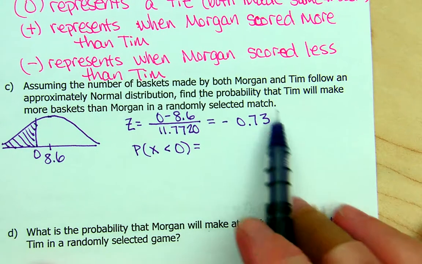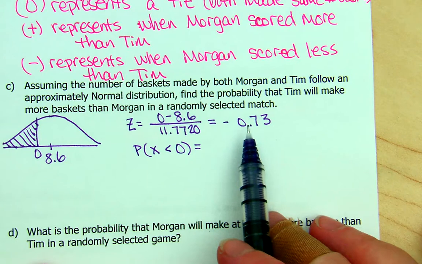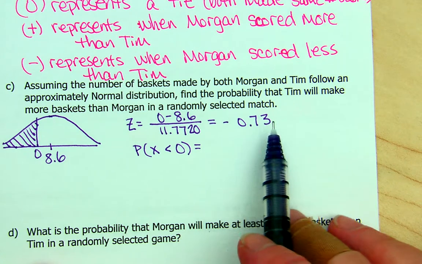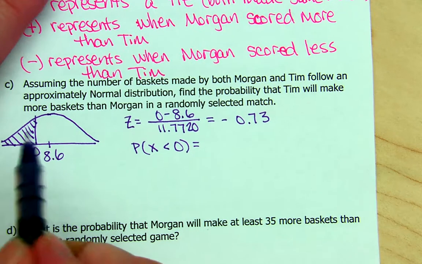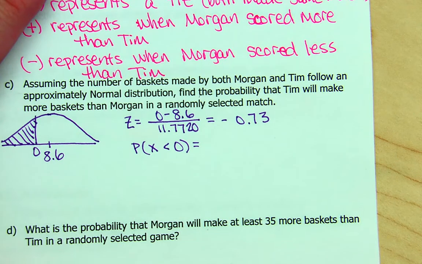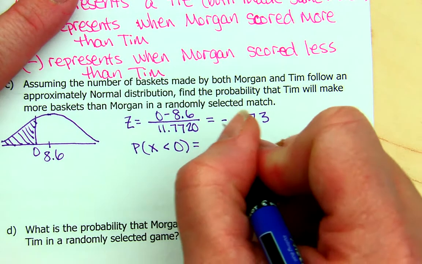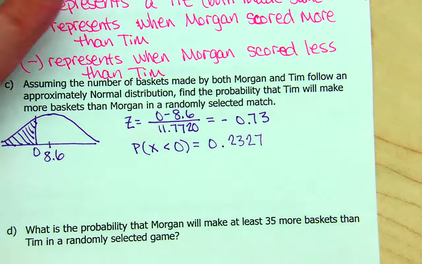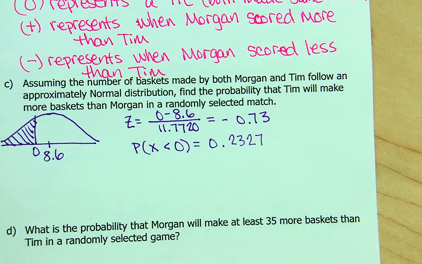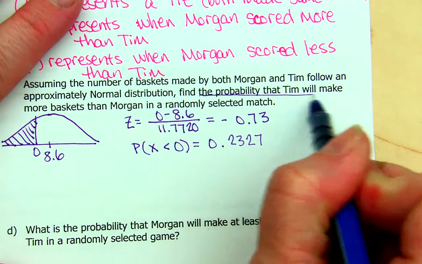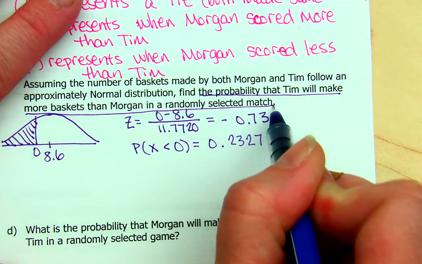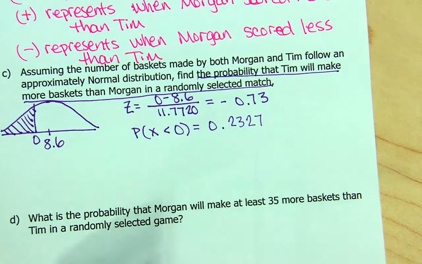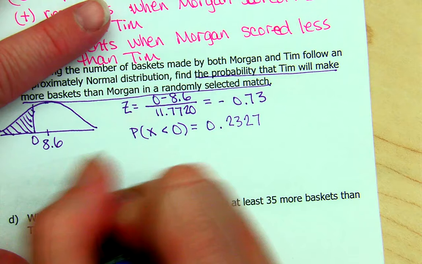So I'm going to look this up on my z-score table, z-score of negative 0.73, and since I'm looking for an area to the left, I don't have to do 1 minus, so I'm just going to get 0.2327. So right here is my probability. I'm going to use that to write my context statement.